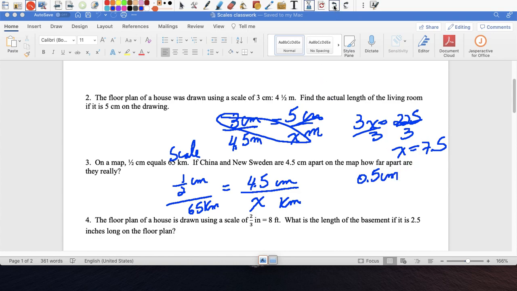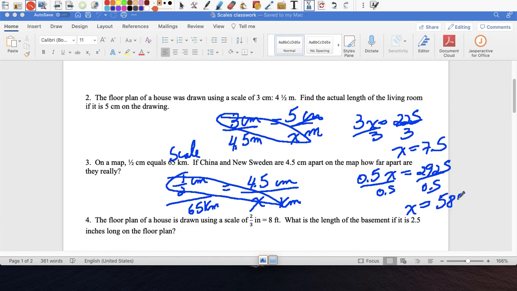Sorry, 0.5x, right, because we're multiplying half times x. 0.5x equals 65 times 4.5, which is 292.5. Divide that by 0.5 and divide that by 0.5. X equals 585. So they're 585 kilometers apart.